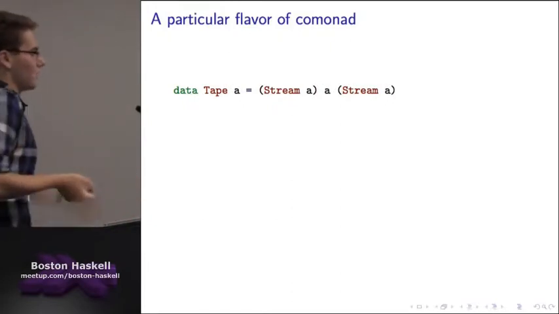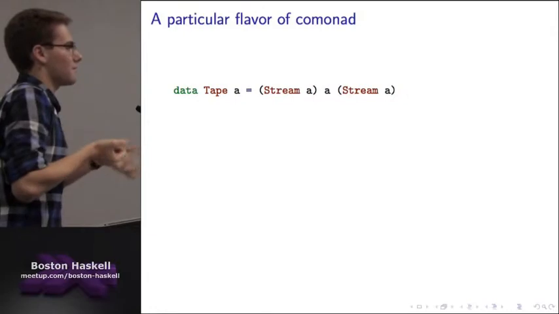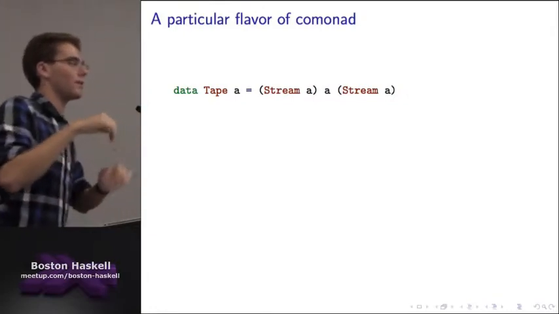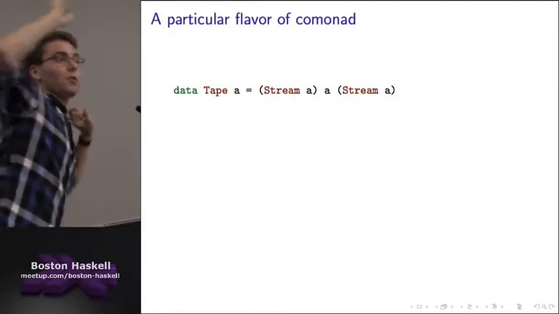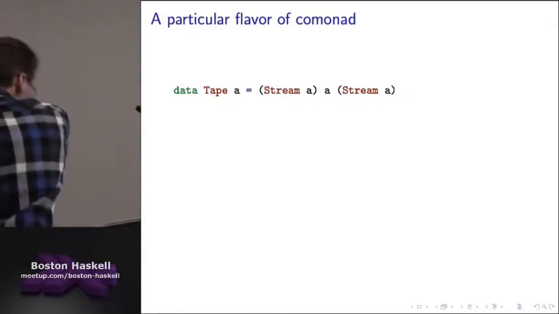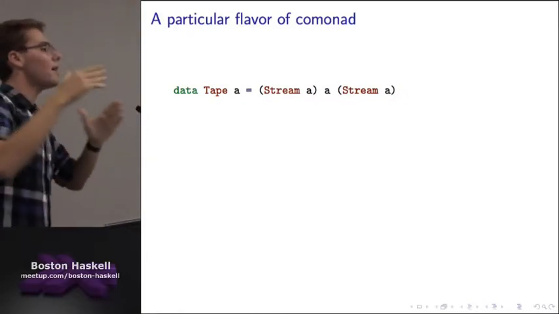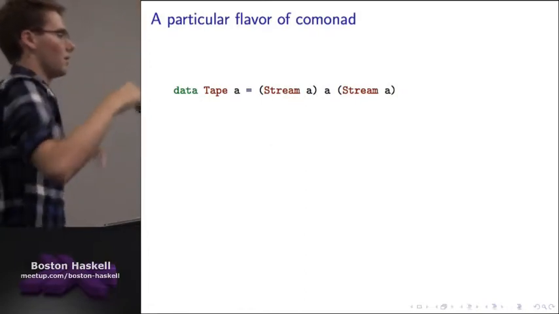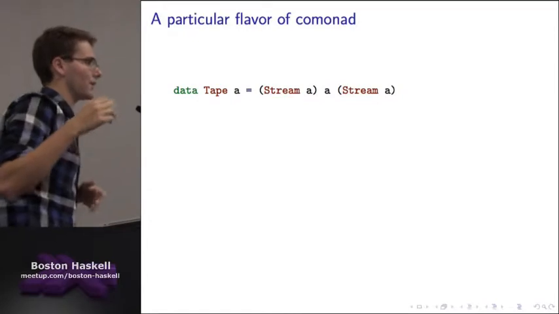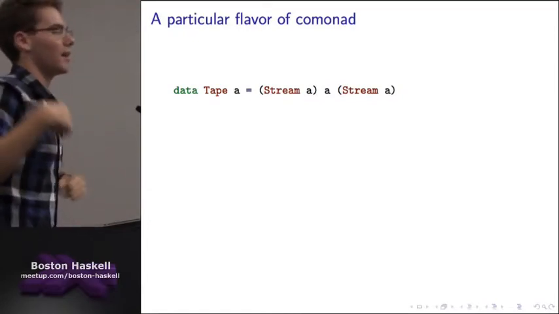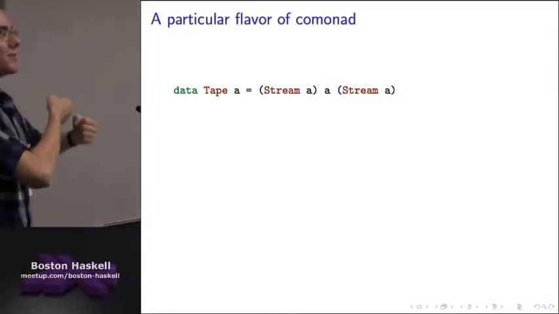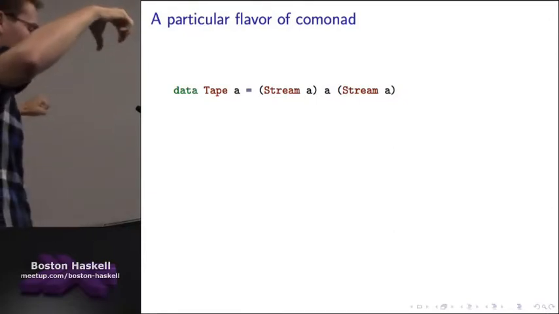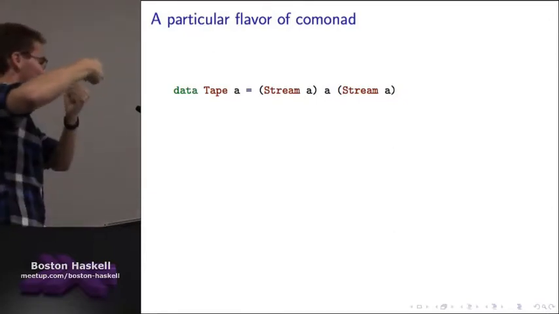So out of these streams, you can build something that is a little bit more of an interesting computational context to be working with. If you have a stream going this way forever and a stream going that way forever and a single element here, then you have effectively an infinite tape, or I call it a tape because it's like a Turing tape. It's infinite in both directions, and I can pull myself along in this direction by taking something off this stream, sticking it in the middle, taking that thing, putting it there, or I can pull myself in the other direction.